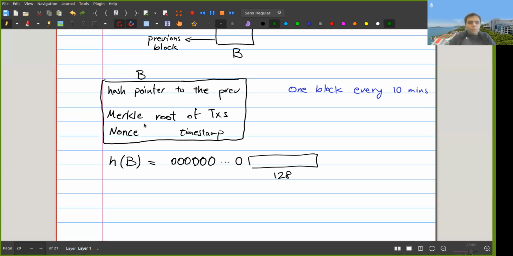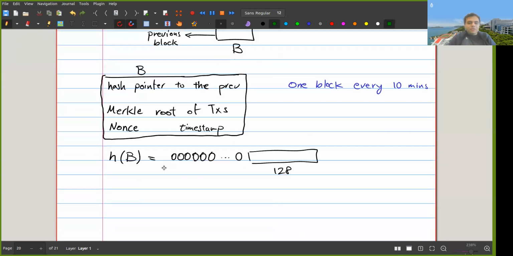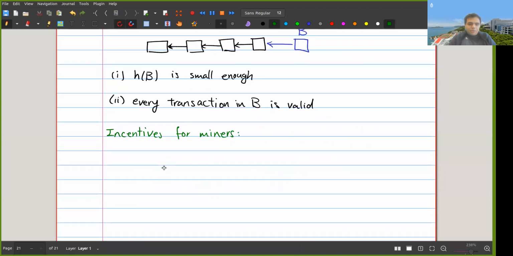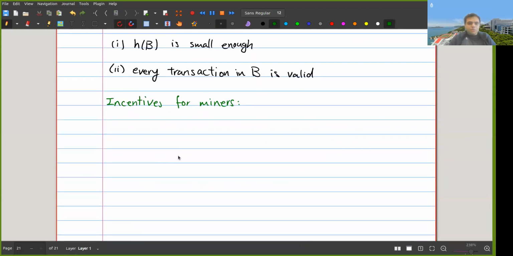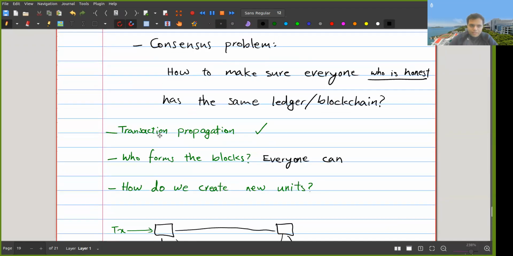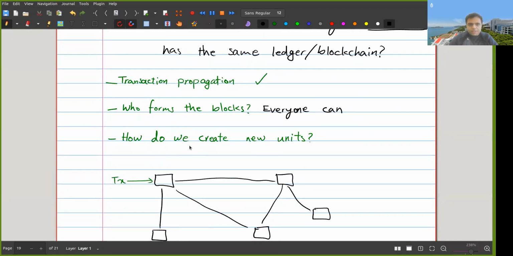So we have to somehow pay the miners for their efforts. Otherwise, no one will do the mining, and since no one will do the mining, we will not have a blockchain at all. So we need to have some incentives for the miners to actually do this. And here's the idea. We had another problem up here that we didn't really answer: how do we create new units of currency?